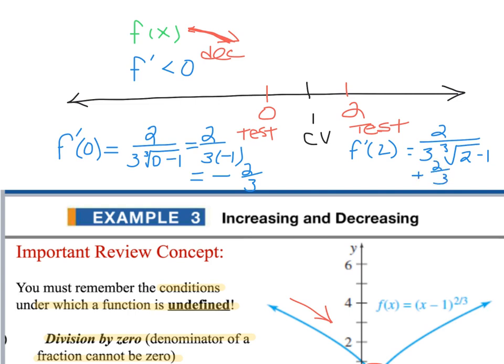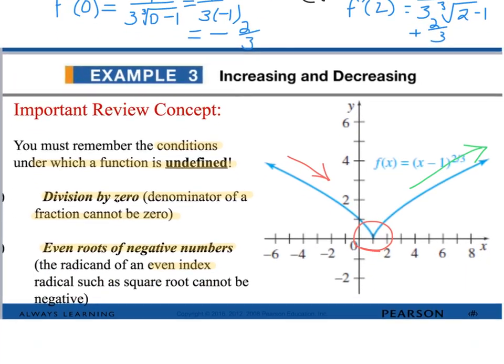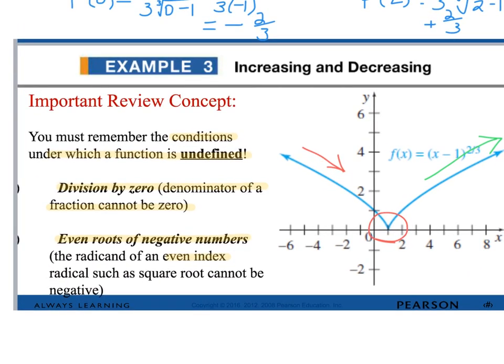But the key is that it's positive. Which tells us that our function is increasing, which we also see in the graph. And so we still follow the same testing procedure.